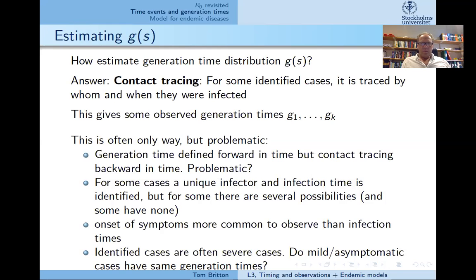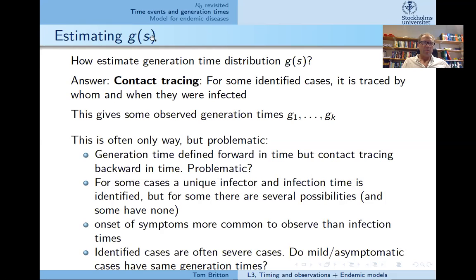I tried to argue that the generation time is an important property because it determines the speed of the epidemic. And if you're a statistician, the speed is something you observe. So for that reason, it might be possible to estimate the generation time, but it turns out to be not that easy. I will come back to this in my next lecture.